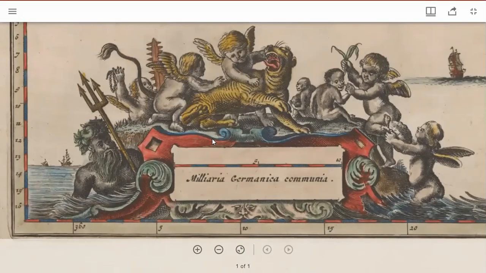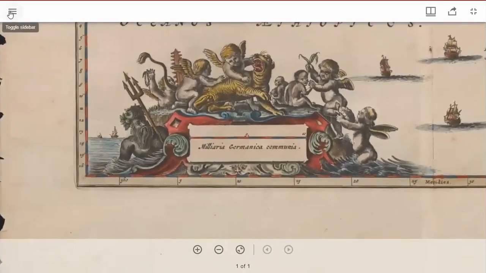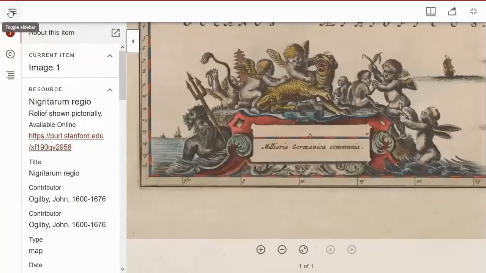But it's a subject of study in itself. What is the meaning of the icons being represented in the cartouche? Well, have a look at the Stanford collection and add it to your topics of interest to study in detail.